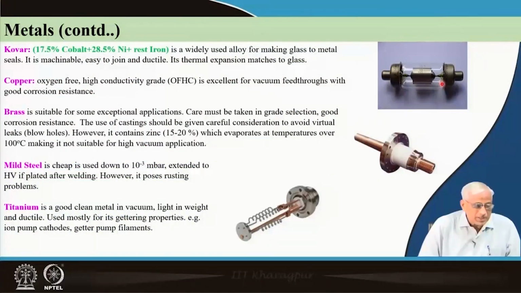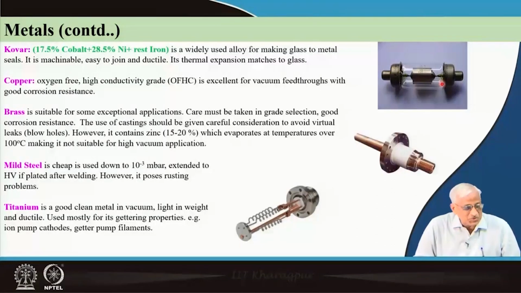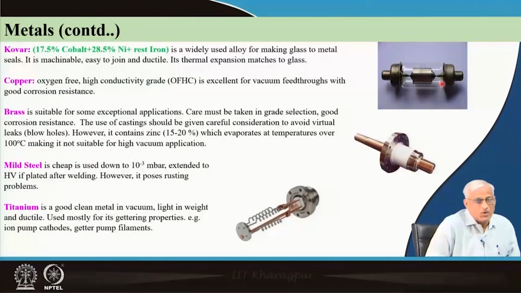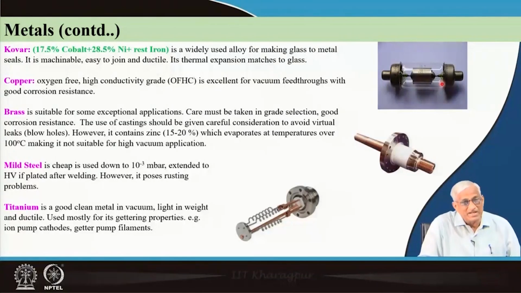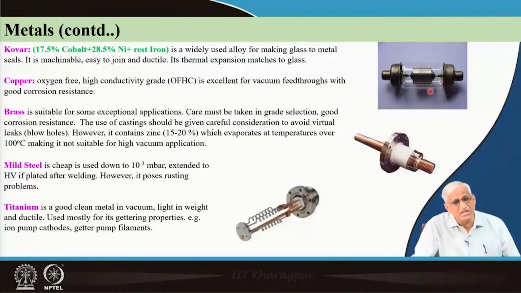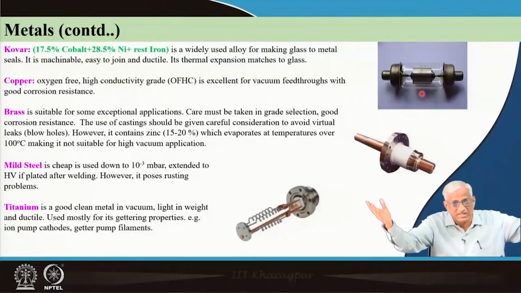While continuing the metals issue, there is one material called Kovar, which is very famous, with 17.5% cobalt, 28.5% nickel and the rest iron. This is ideal in making glass to metal joints. There are many high power electronic components, not semiconductor based, like valves in big transmitters and radars.